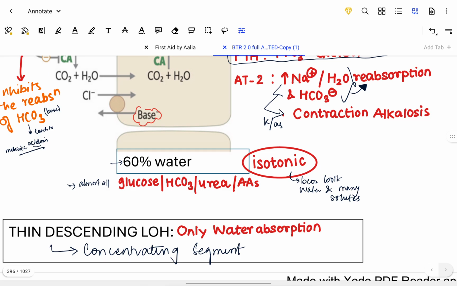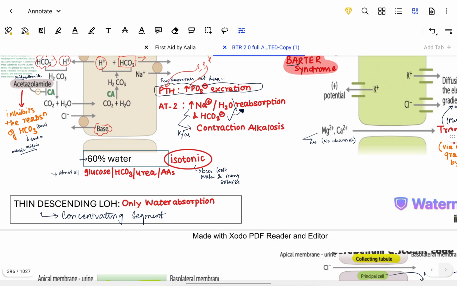So it is isotonic here. Till here, the osmolality will be isotonic. Why? Because a lot of water and a lot of solutes are being reabsorbed. So it's isotonic here.